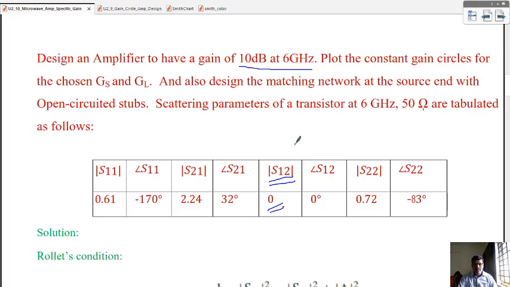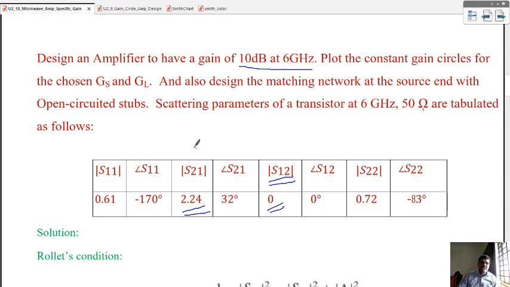That means the reverse signal flow from port 2 of the device to port 1 of the device is prevented or restricted. And this transistor has the gain of 2.24 as its numeral value. So this is the gain of the given transistor, G0.